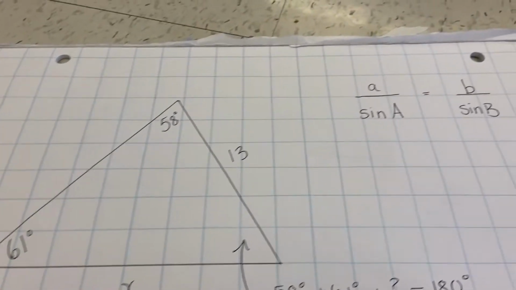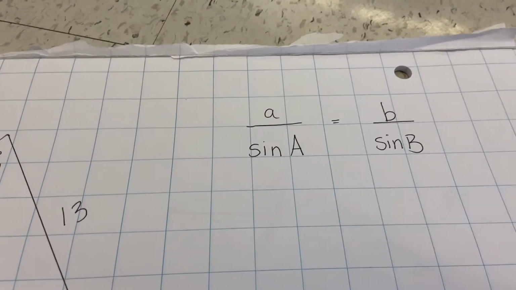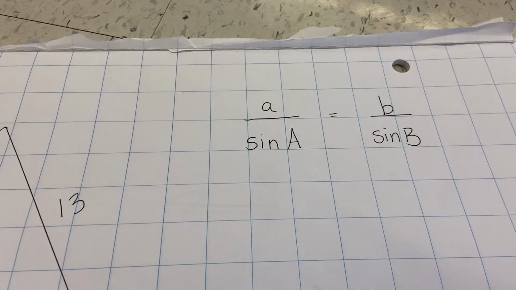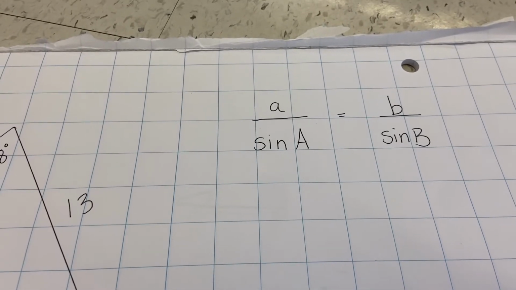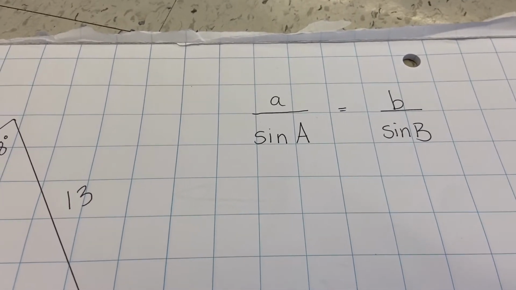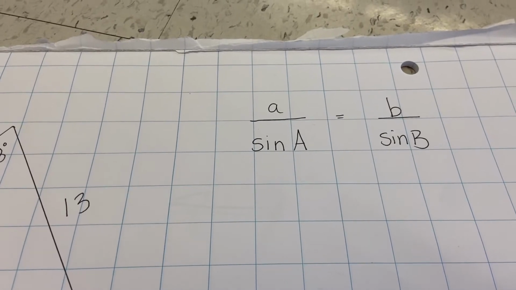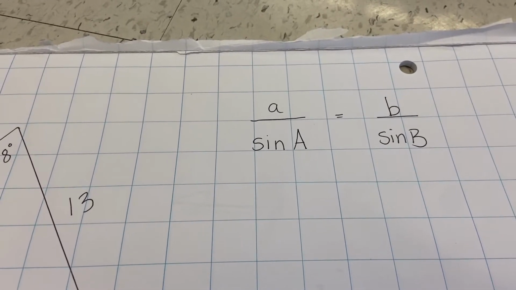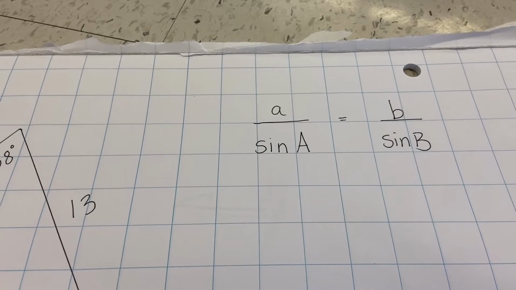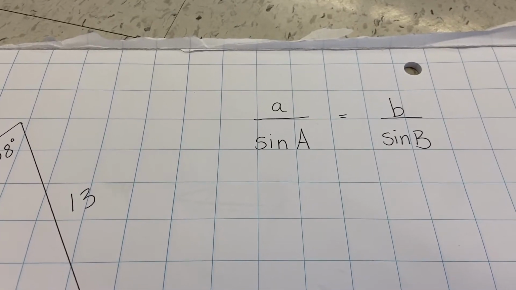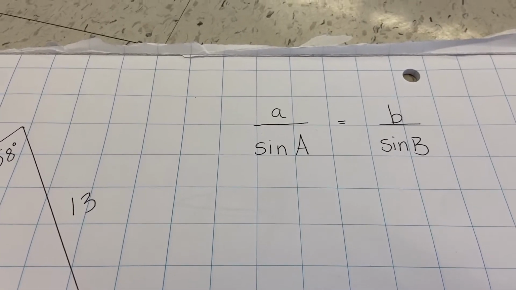So I need to use this new formula, and this new formula still has sine, so we're still going to use that sine button on the calculator, but we're going to do the question a lot differently. I want to remind you that little a and big A are across from each other, and little b and big B are across from each other.